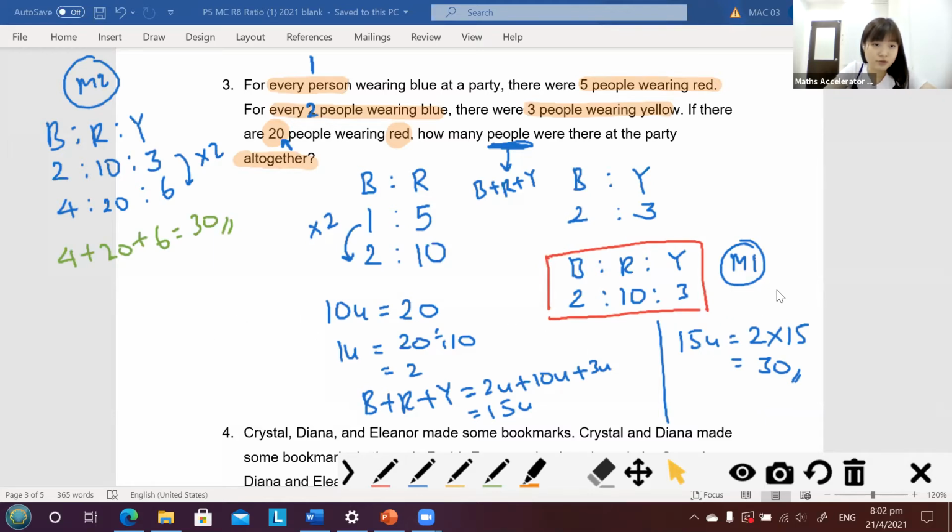A lot of you chose method 1. So if you prefer that, you can go ahead and do method 1. Then method 2, you can also do it. It's up to you which method you prefer. You also get 30.